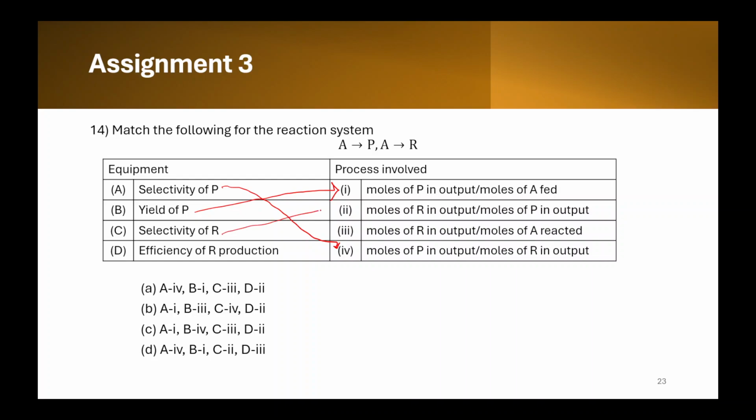So that will be the second option, moles of R in output upon moles of P in output. Then efficiency of R production, that will be moles of R in output upon moles of A reacted. So the correct answer here will be A4, B1, C2 and D3.